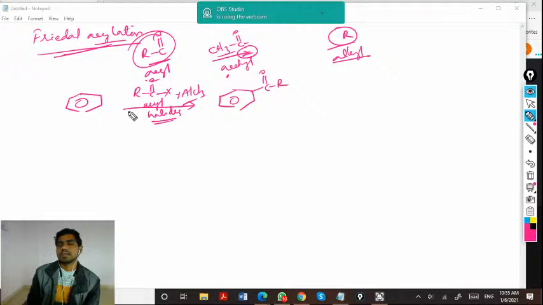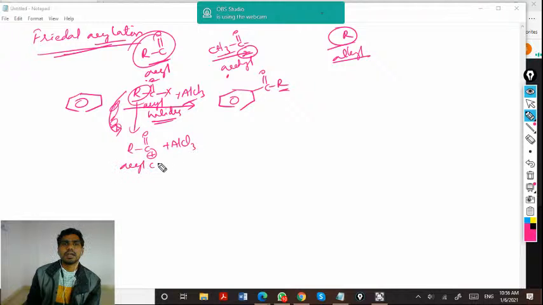Based on the change in the acyl group, the number of carbons also changes in the product. If I use acyl halides, it is going to give RC double bond O plus and AlCl4 minus.